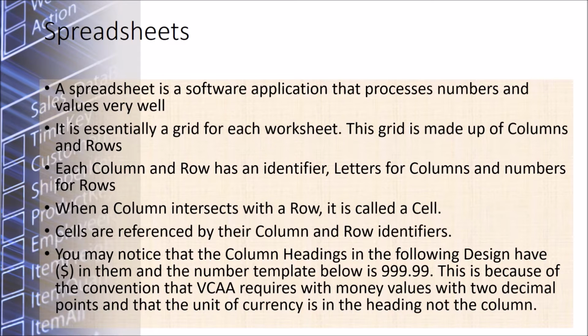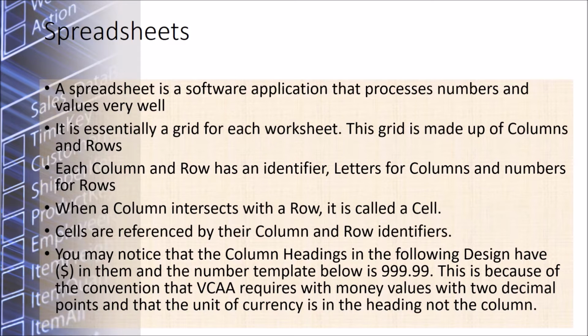Just a word about the next design that we've presented. You might notice that the column headings in the design we're about to have a look at have dollar signs in them, and the number template below them is numbers with .99, or 2 decimal places.